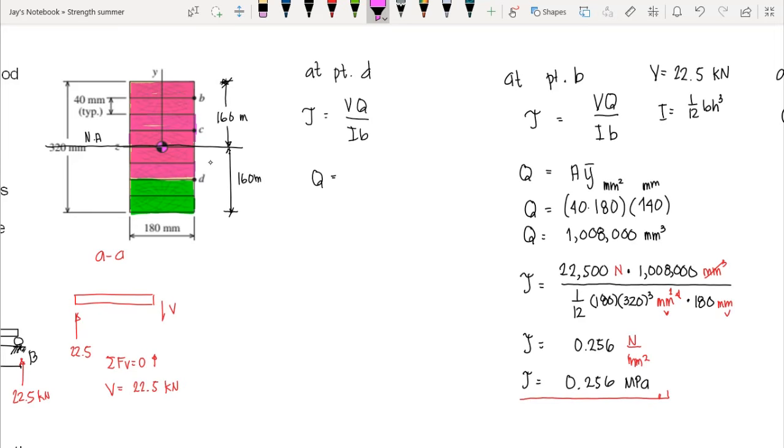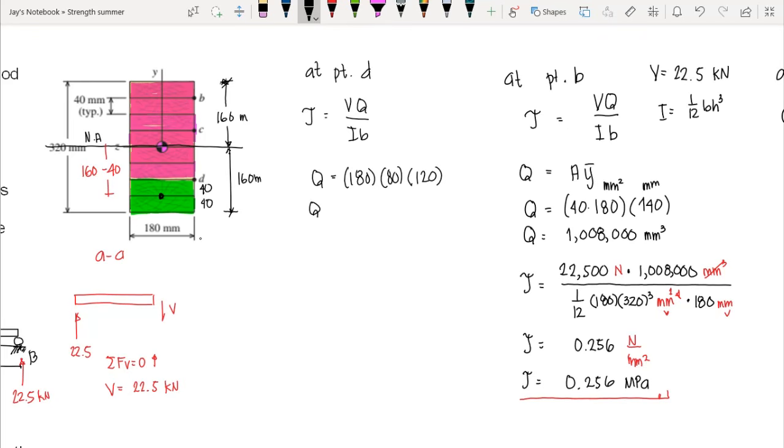But I'm going to use here the area below point D. So we have the area that is, again, 180 times 80, correct? Since we know that this is 40 and this one is 40. Times barred Y, that is from this point, the center of our 180 width, to the neutral axis. We have 160 minus 40. So therefore we have 120 as our barred Y.